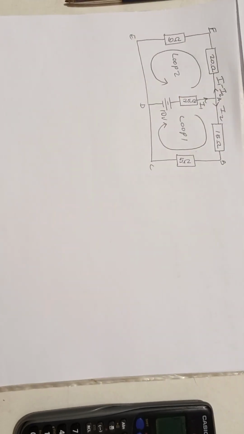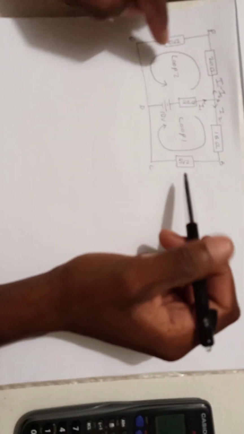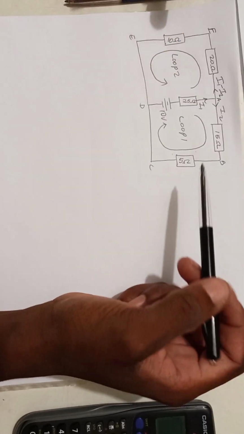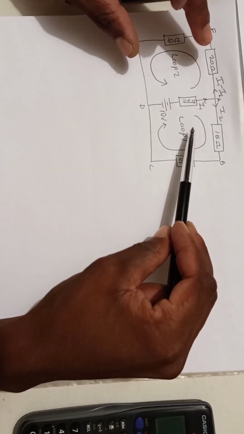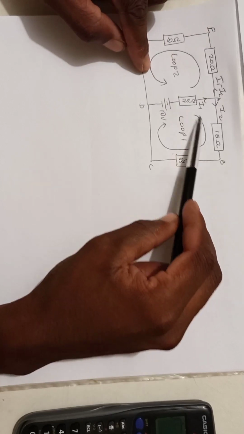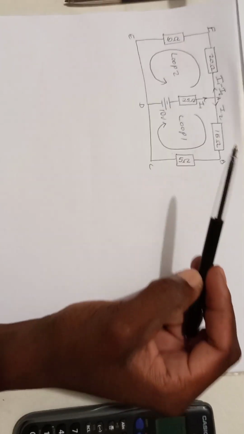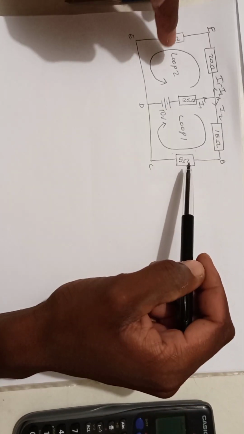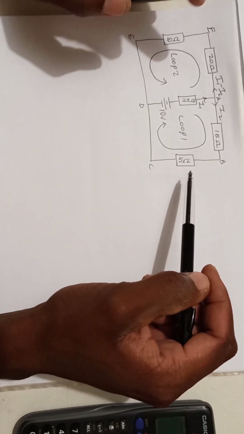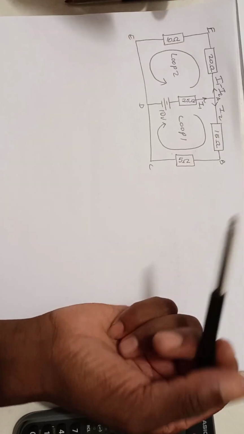So on this circuit, we've got two loops: loop number one and loop number two. It doesn't matter which one you call loop number one. This one can also be loop number one, and this one loop number two.